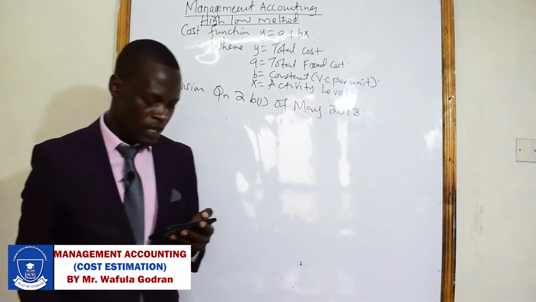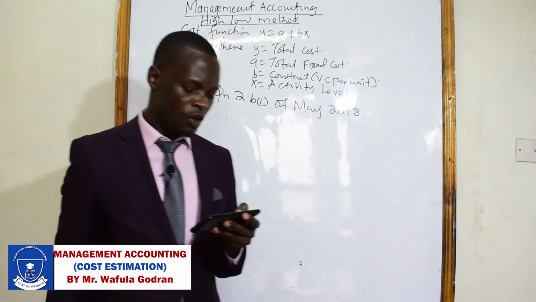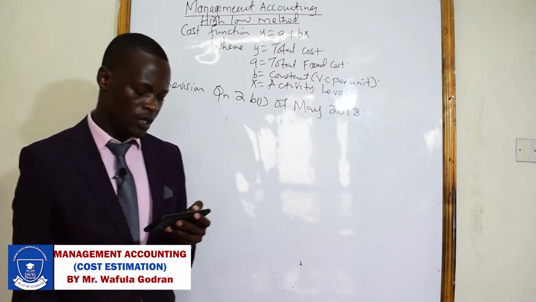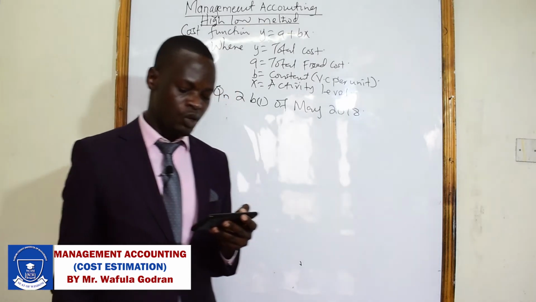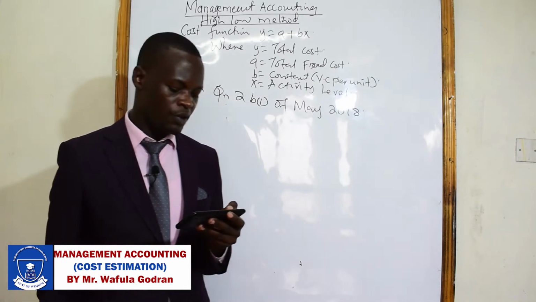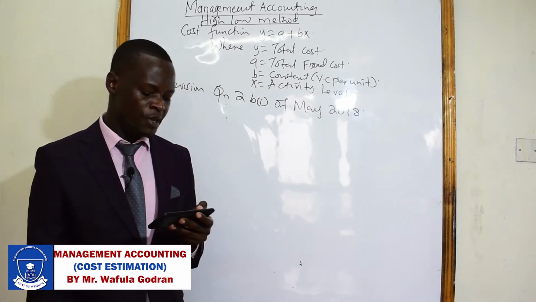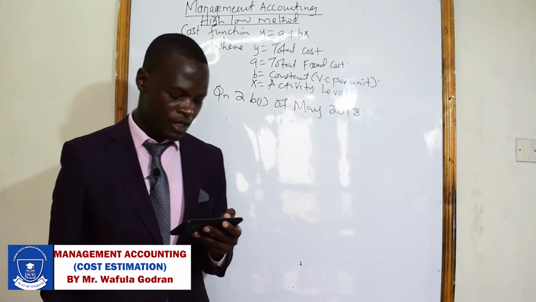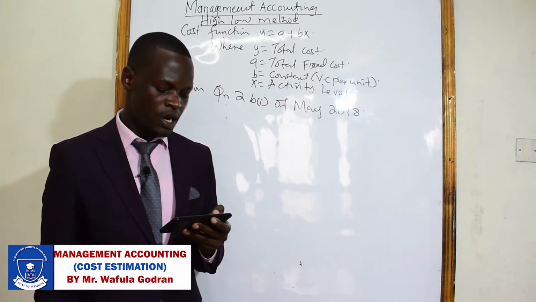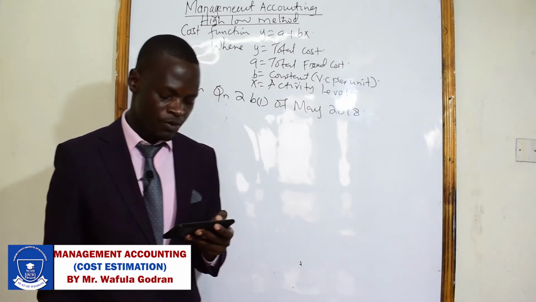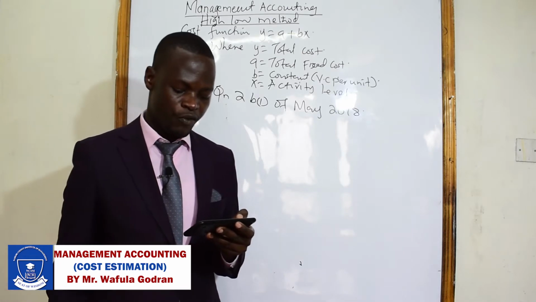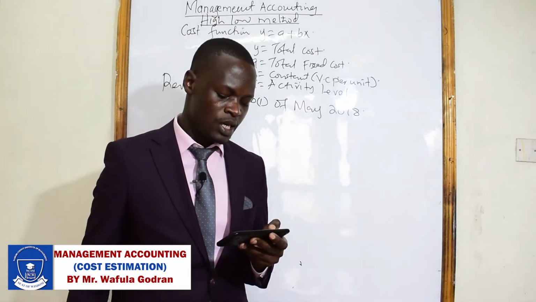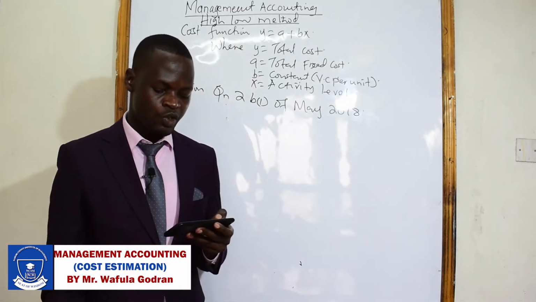We are told the administrator of Chebatok Hills Hospital would like to establish a cost formula linking the administrative costs involved in admitting patients to the number of patients admitted during the month.